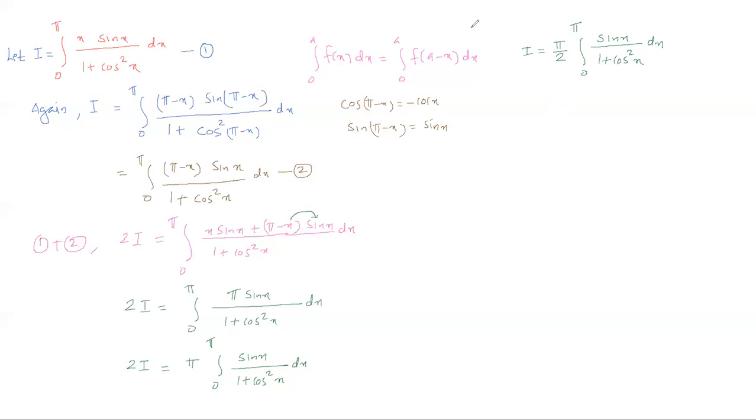Now here you have to put cos x equal to t. Substitute t for cos x. So the derivative of cos x, minus sin x, is equal to dt by dx, and from that you get sin x into dx is equal to minus dt.